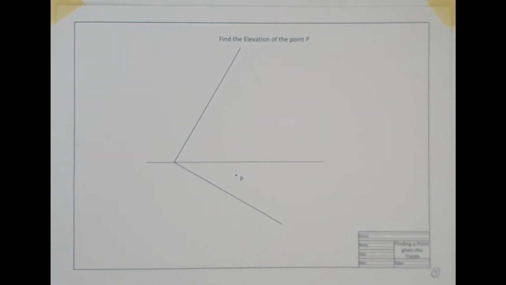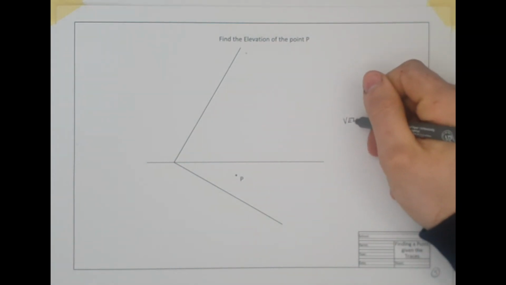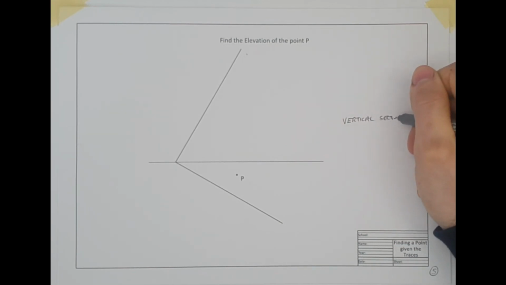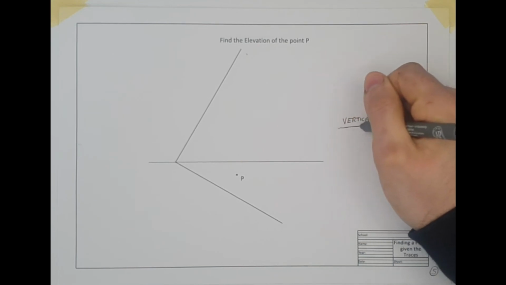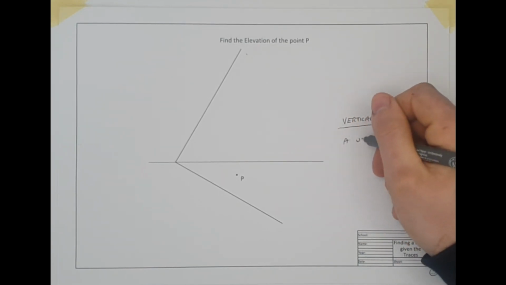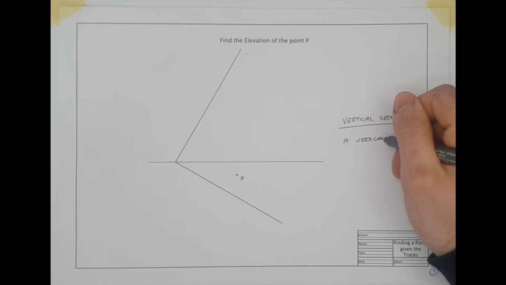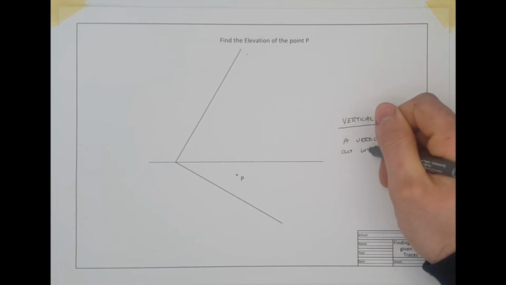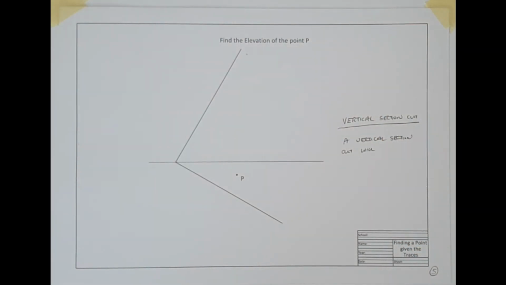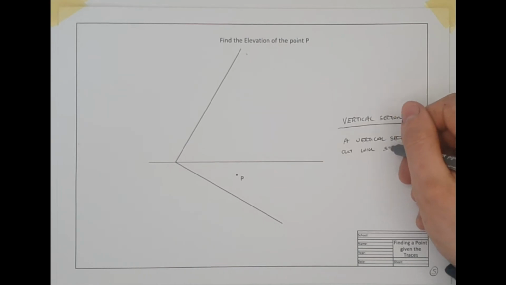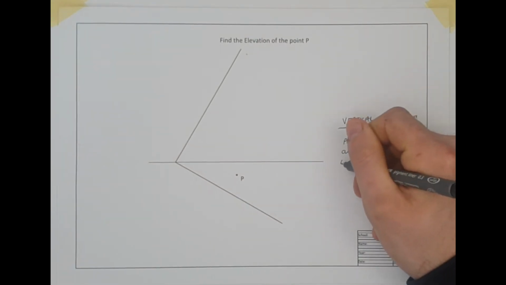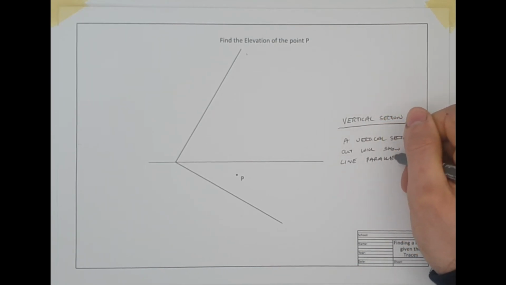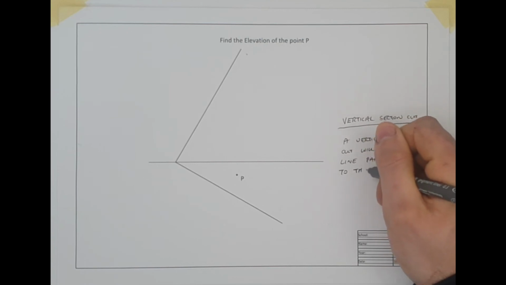This time I'm going to use a vertical section cut. And a vertical section cut will show a line parallel to the vertical trace.